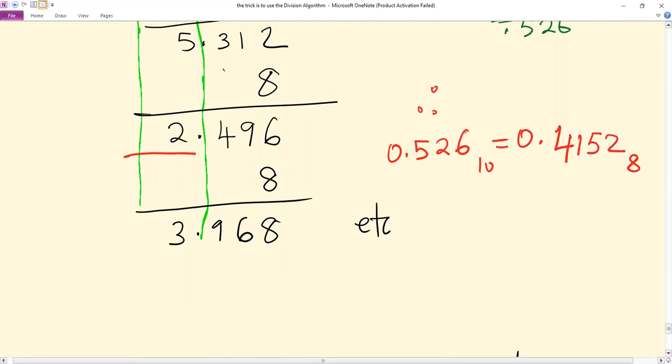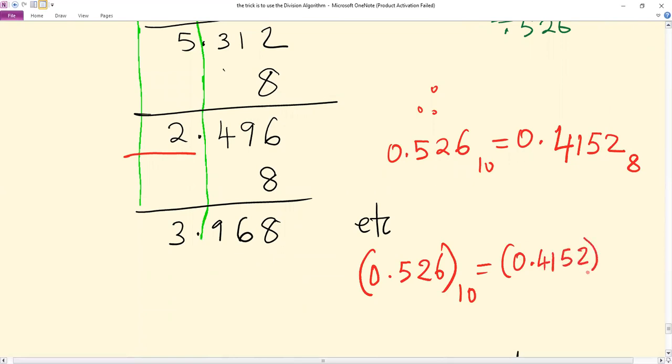These two numbers are the same, or you can write it as 0.526 to base 10 is equal to 0.4152 to base 8. So that is how we convert that.